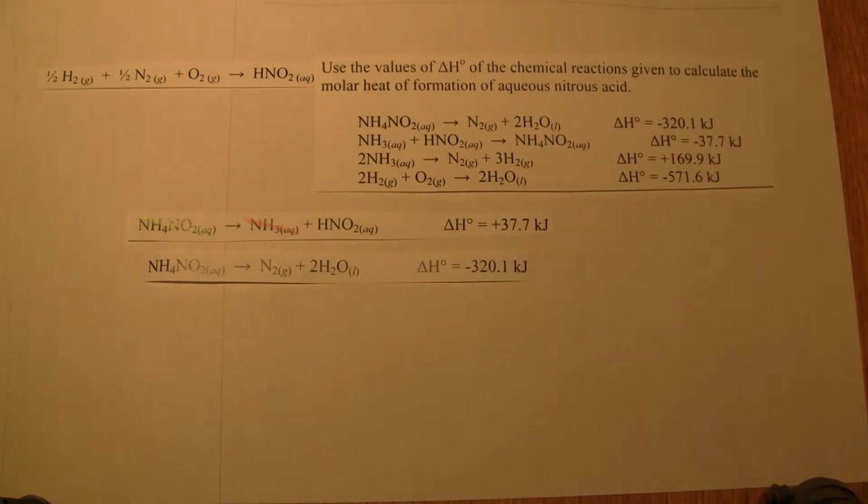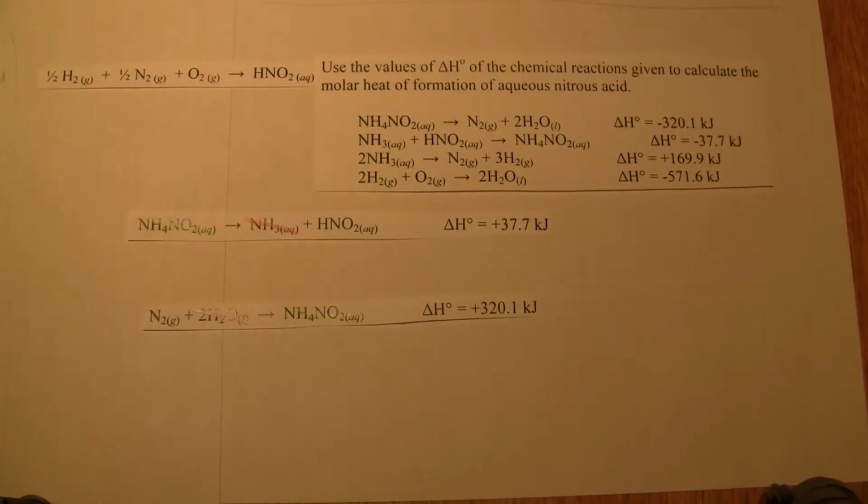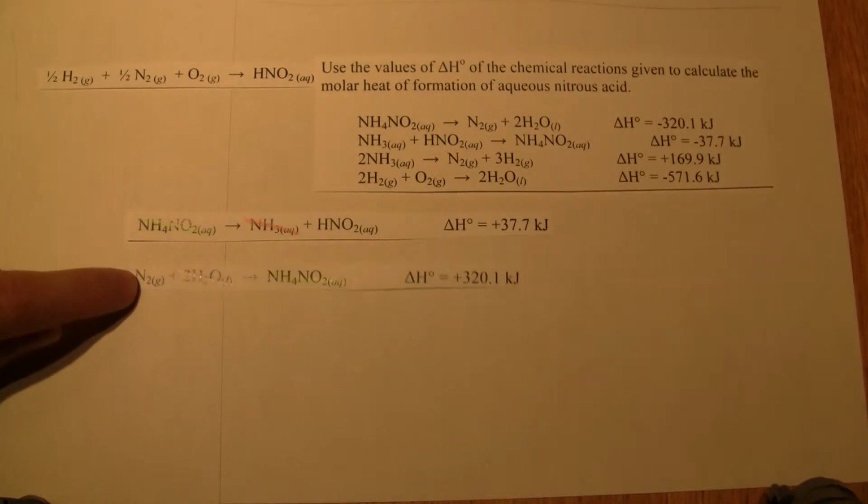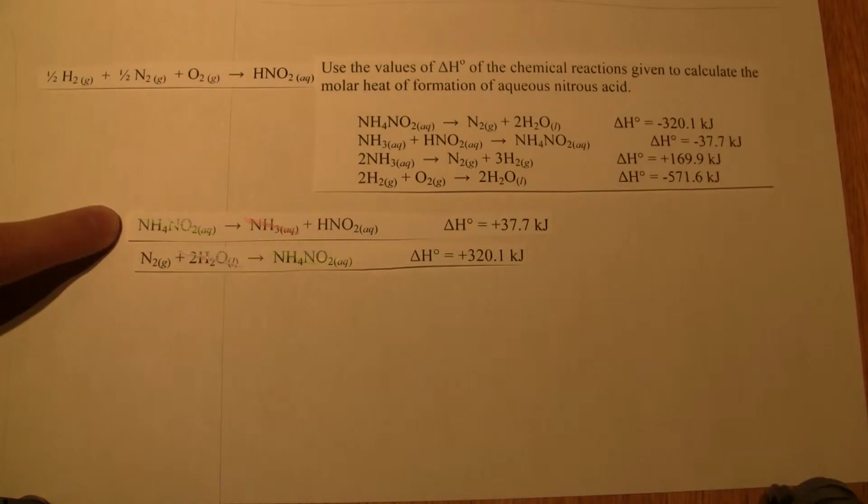So again, in order to cancel this out, we need to have NH4NO2 both as a reactant and as a product. And for this, we have to, again, reverse the reaction and negate the change in enthalpy, which yields this reaction. So as we can see, the NH4NO2 now is going to cancel out.